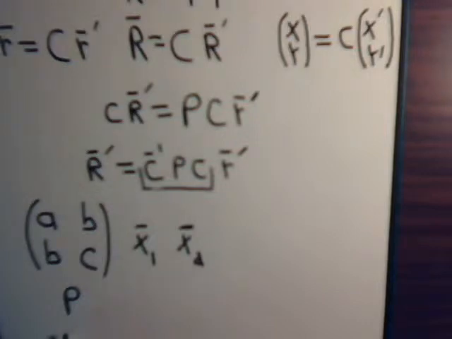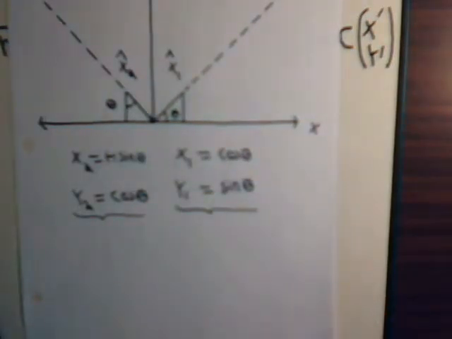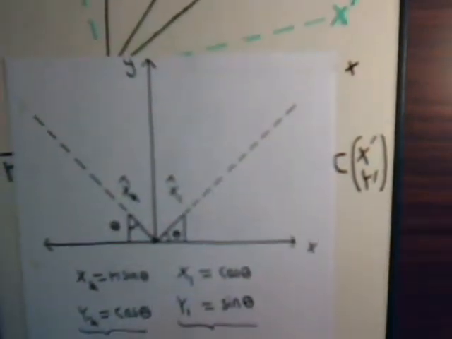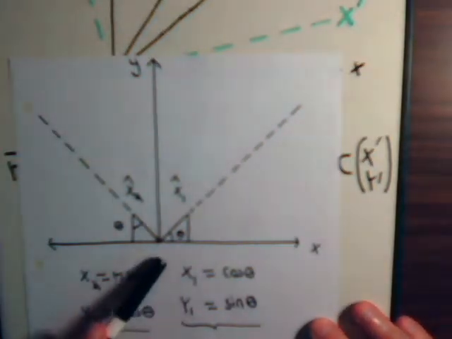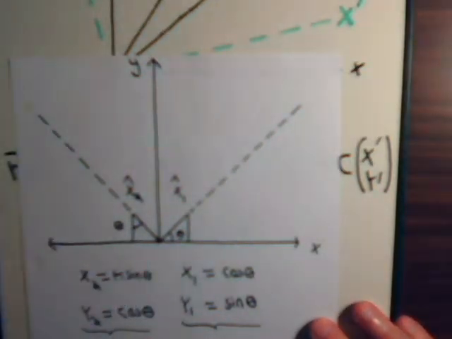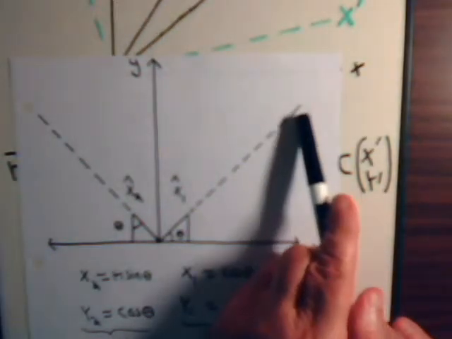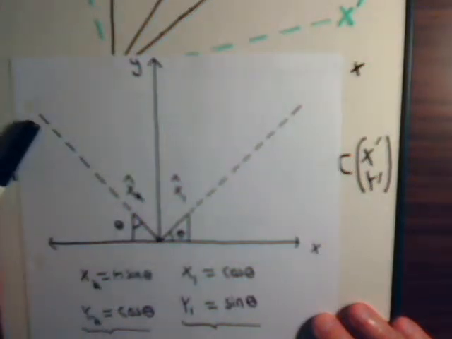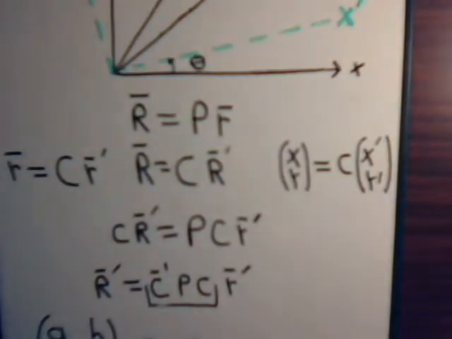So if we have a symmetrical matrix P with two orthogonal eigenvectors, vector x1 orthogonal to vector x2, then its eigenvectors might be able to serve as the x prime, y prime axis. So let's pursue that and see where this line of thought takes us.